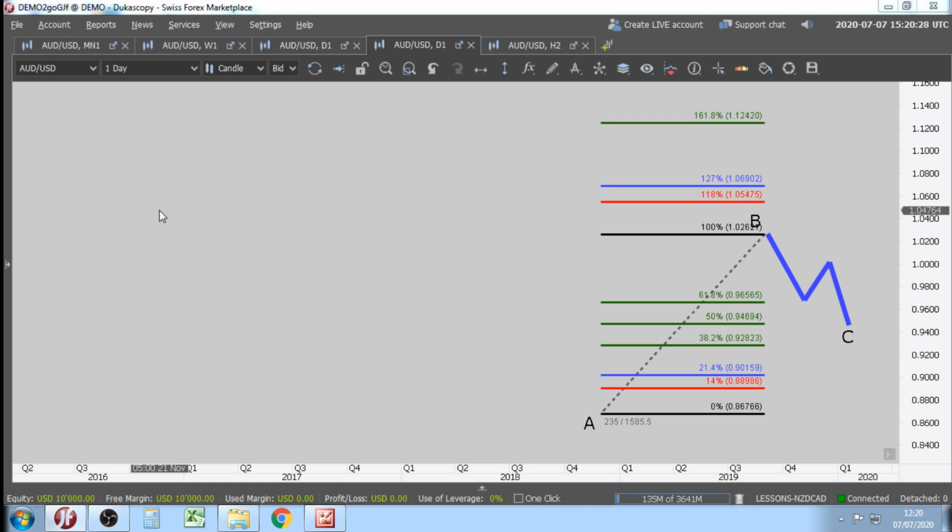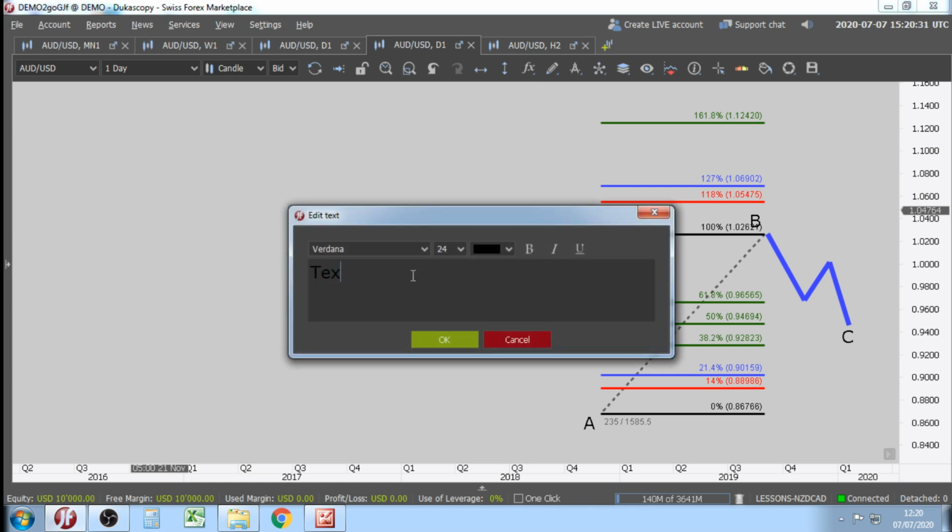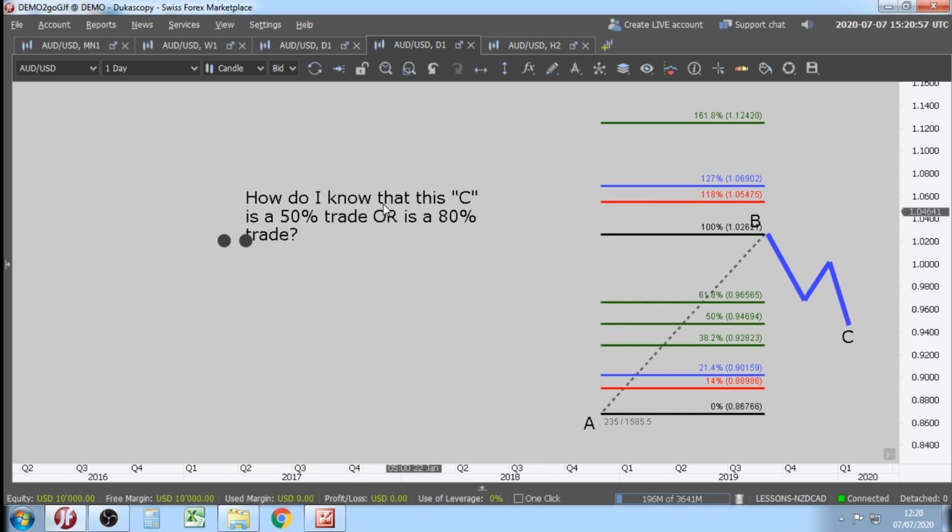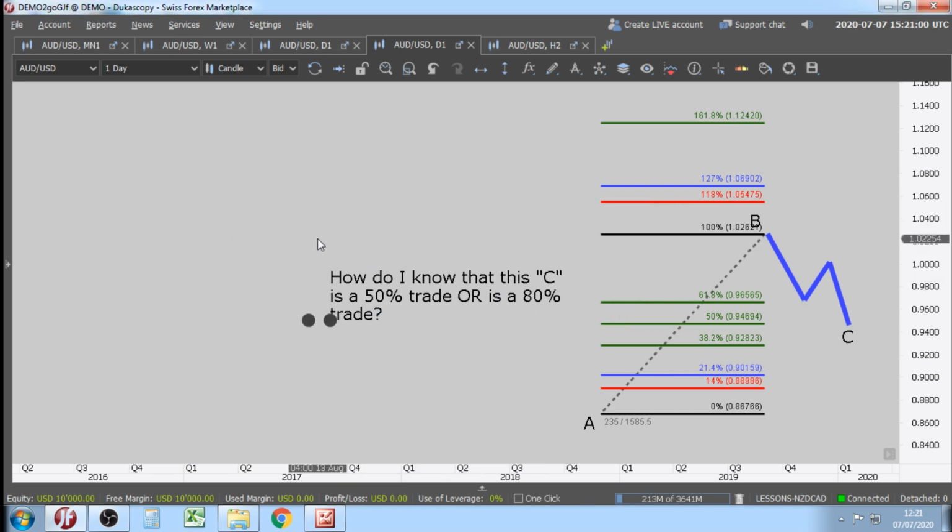So starting from today, talking about the probability game, everybody, how do I know that this C, capital C of the original Fibonacci, is a 50% trade or an 80% trade? We were learning until now to buy the C in an uptrend, sell the C in a downtrend, right?